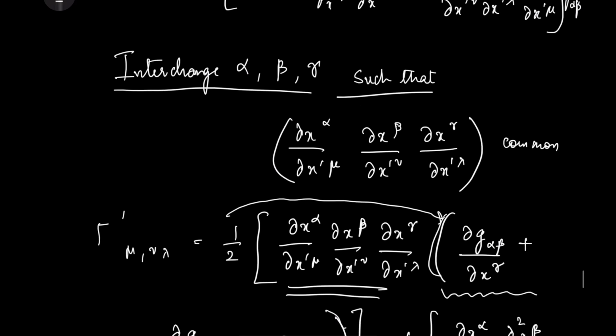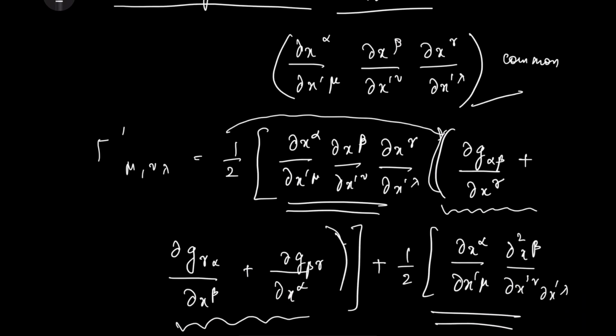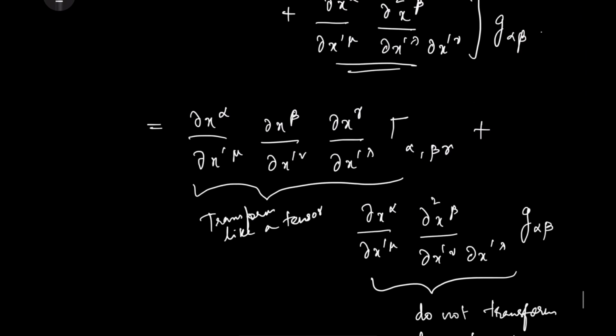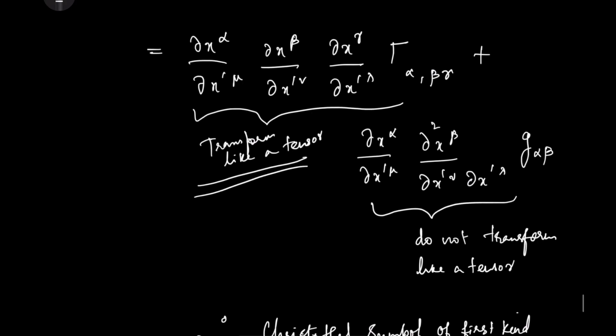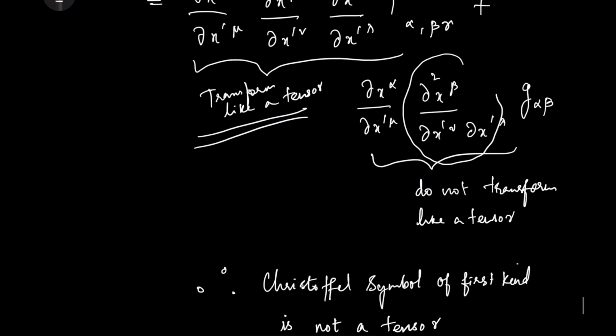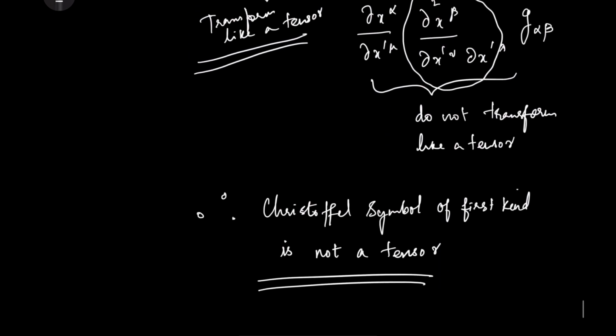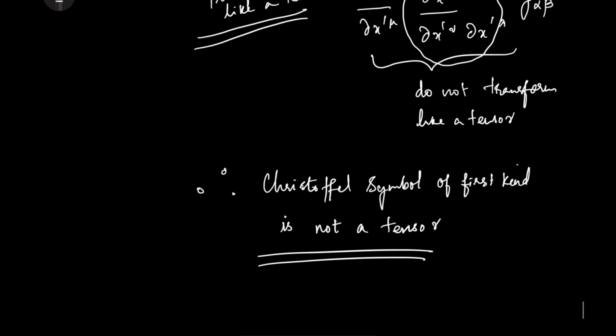We interchange alpha, beta, gamma in such a way that we need this particular quantity common so that it will look like a tensor transformation. But unfortunately, in the second term, there is a second derivative appearing. Therefore, Christoffel symbol of first kind is not a tensor because it is not transforming like a tensor.